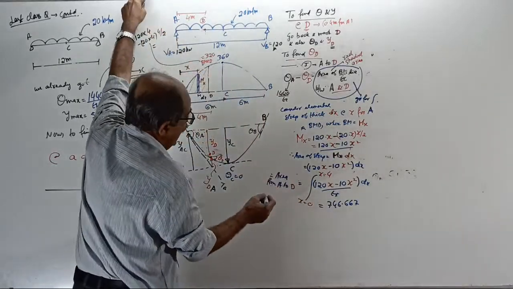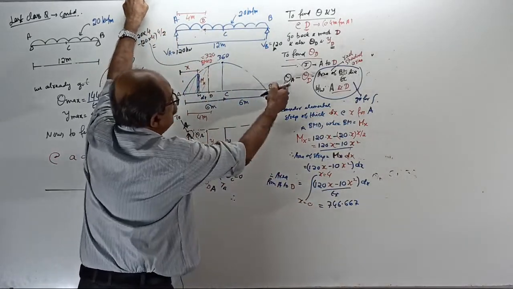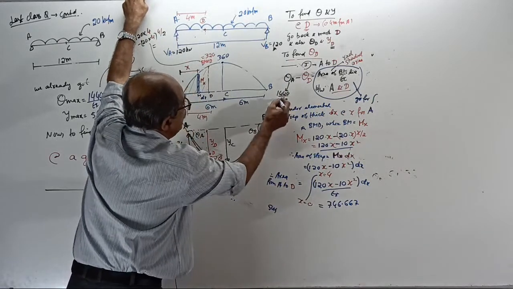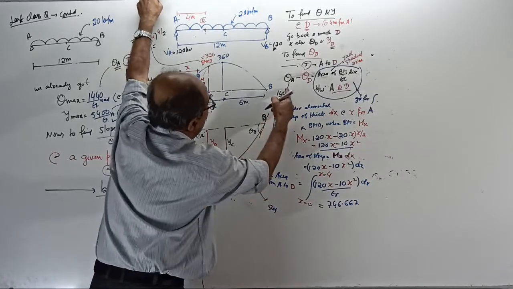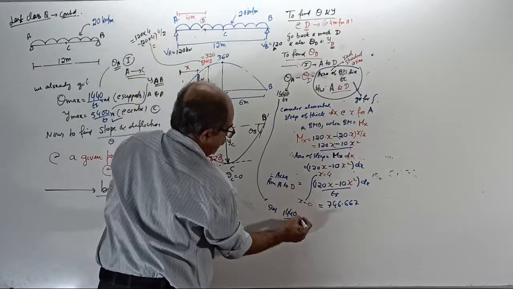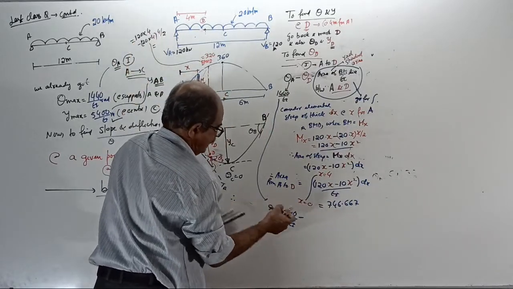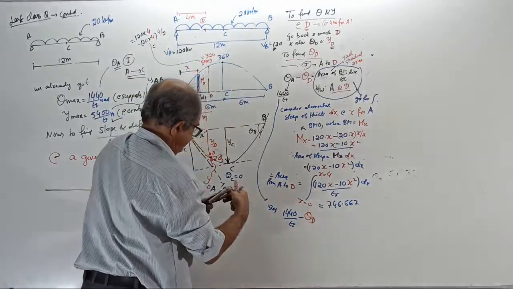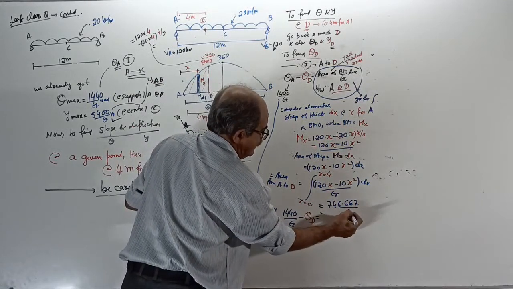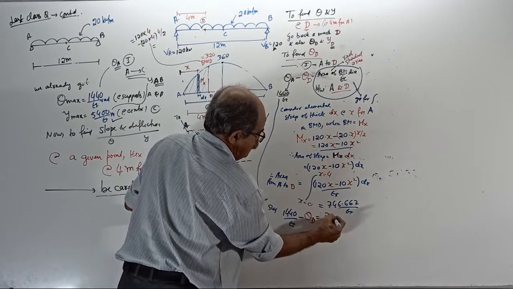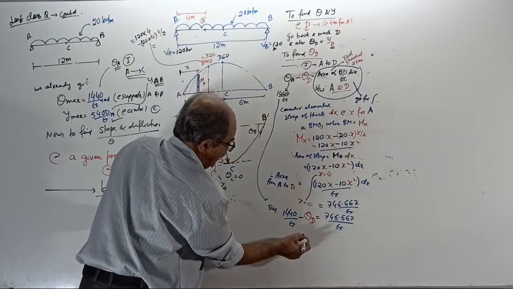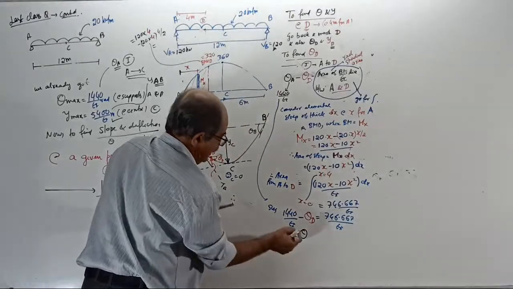Okay, now we substitute into theta A. Substituting here: theta A, 1440 by EI, minus theta at the point D equals 746.667 by EI. Now correctly tell me what is theta D.